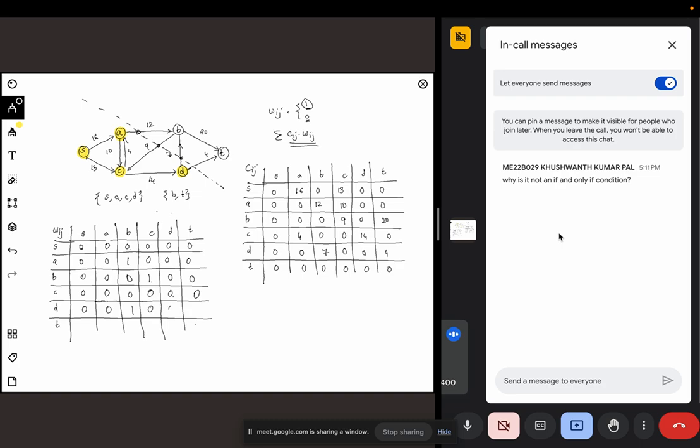D to C, D to T are also different colors. From T, we don't have anything.